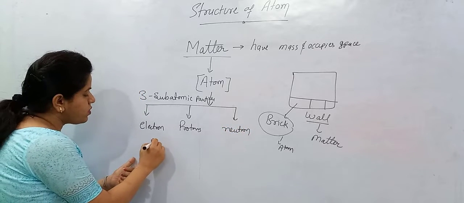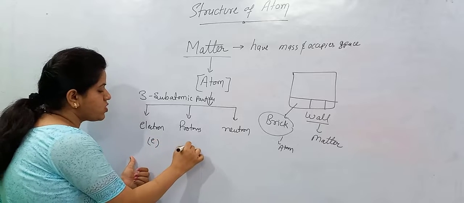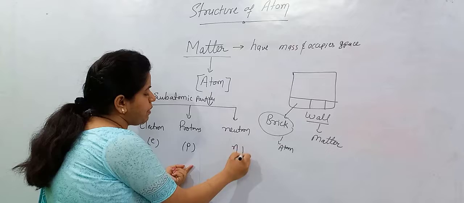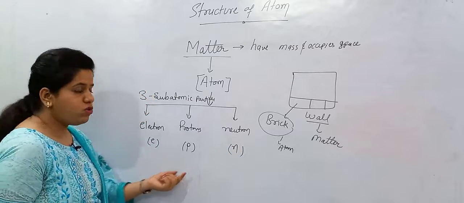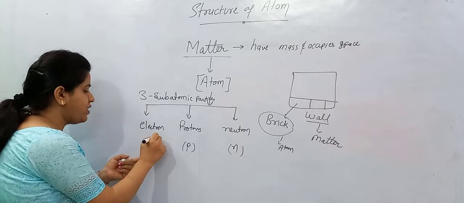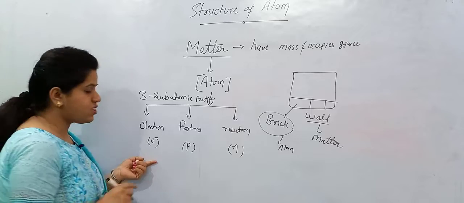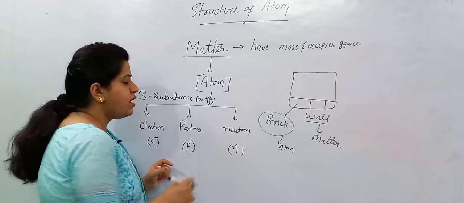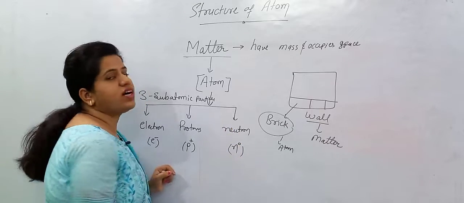Electron is denoted by small e, proton is denoted by p, and neutron is denoted by small n. And do you know that the electron carries a -1 charge, that is unit negative charge. The proton carries unit positive charge and the neutron does not have any charge.